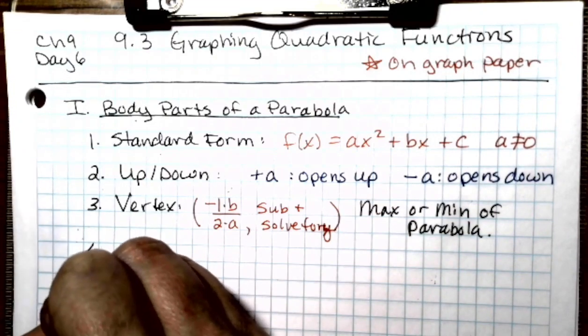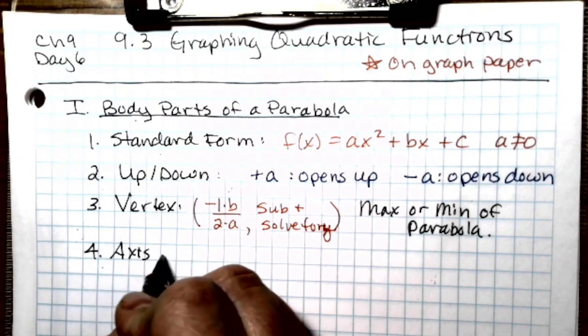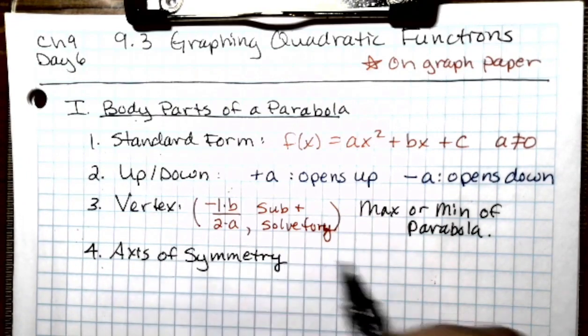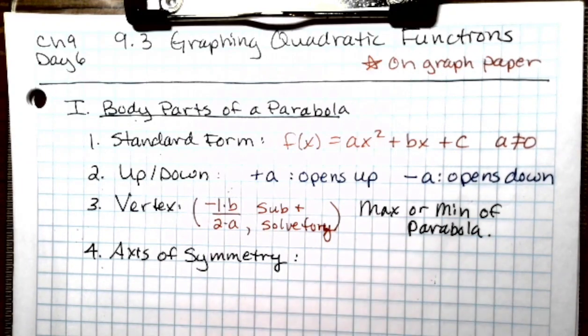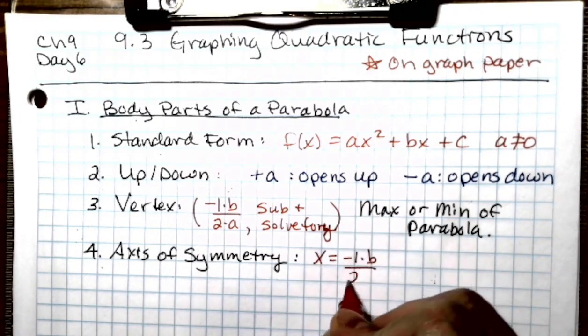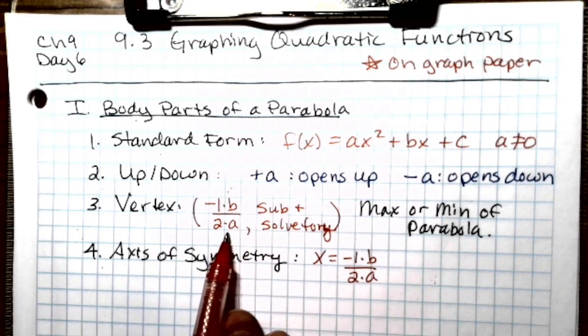Okay, the fourth structure that we look at when we graph is called the axis of symmetry. The axis of symmetry splits the parabola down the middle into two identical halves. The equation for the axis of symmetry is x equals -1 times b over 2 times a, which you'll notice is the x coordinate of the vertex.